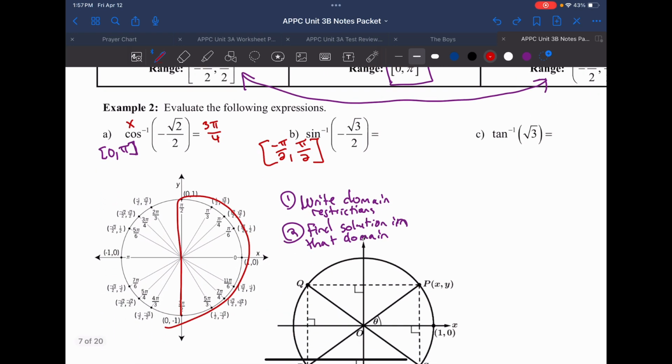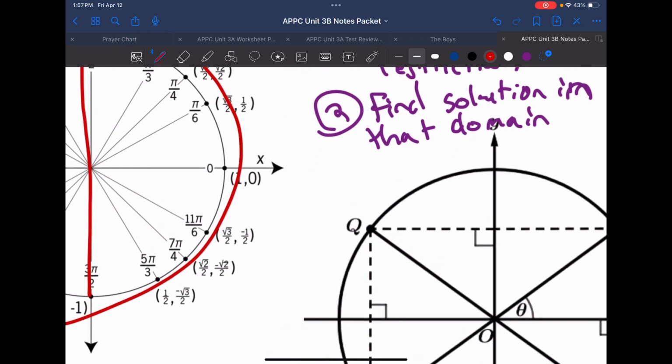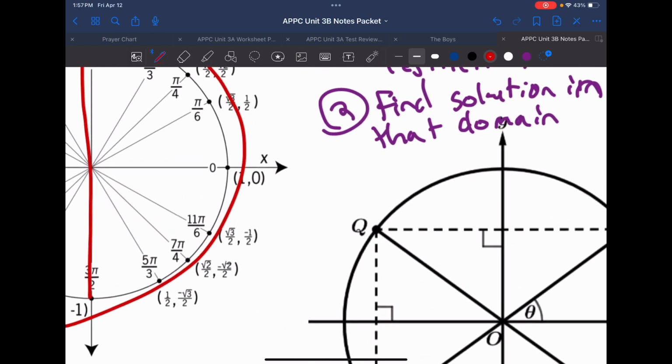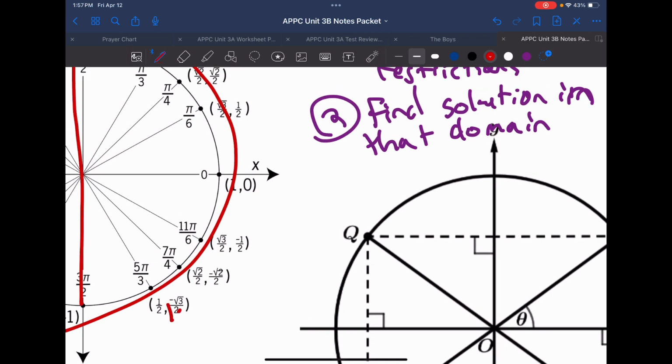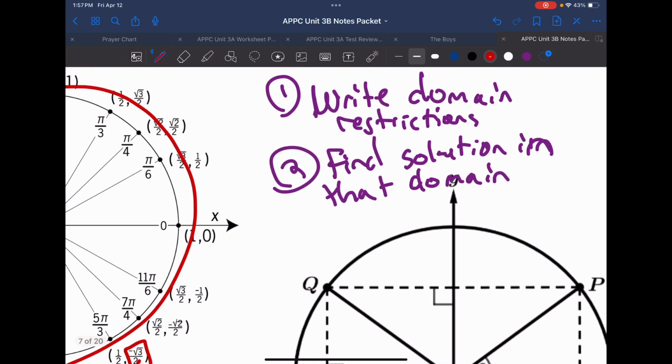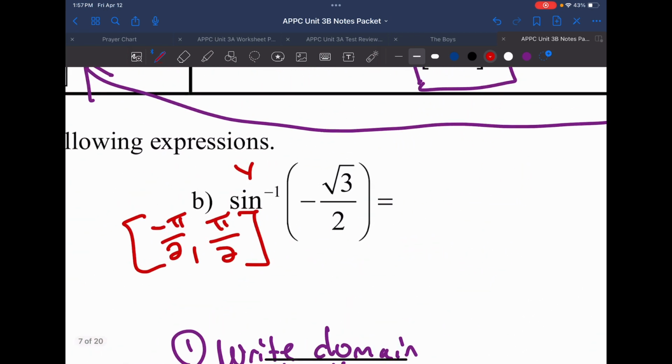This is at 3 pi over 2, and you're looking at everything in between there. So on there, I'm looking for where sine, or the y value, is negative square root of 3 over 2, and I am at 5 pi over 3. But the question is, is that in my domain?